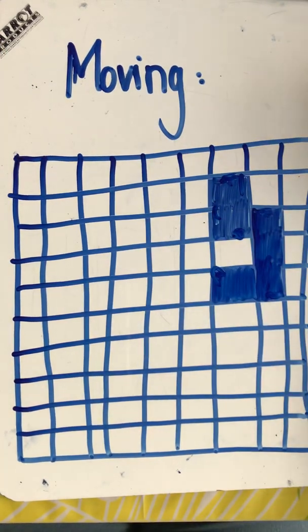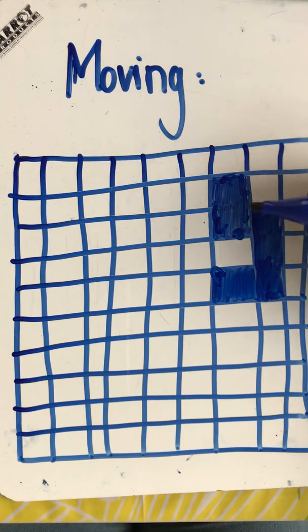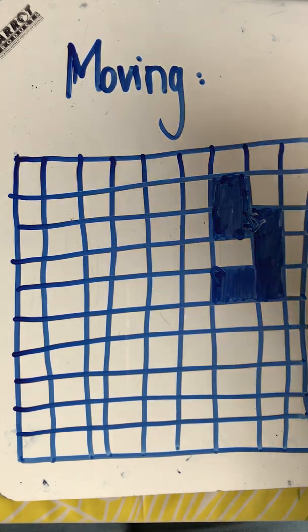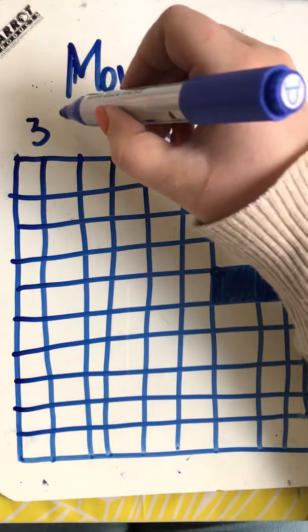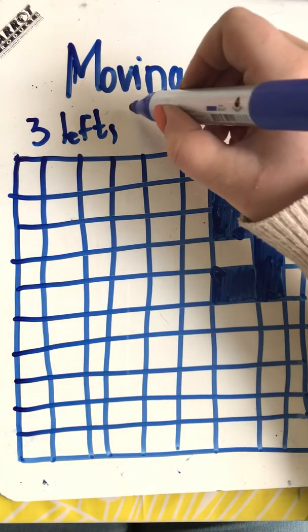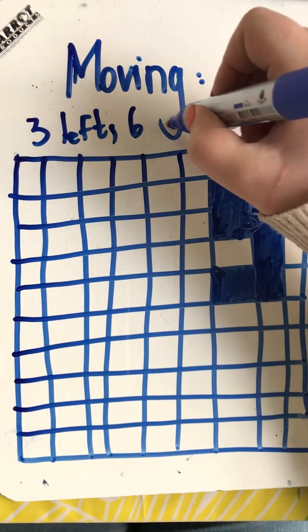Listen to my instruction. I'm going to tell you now. This is the shape. I'm telling you: move this shape 3 blocks to the left and 6 blocks down.